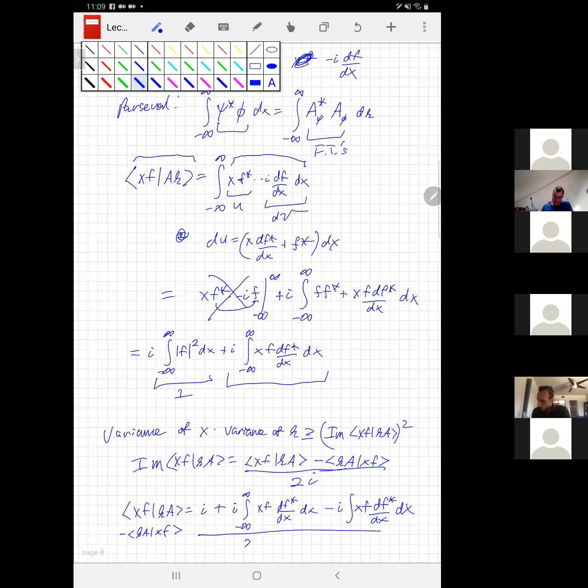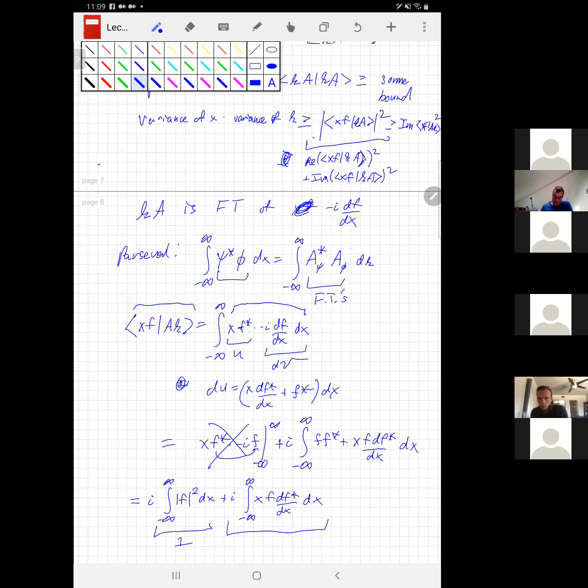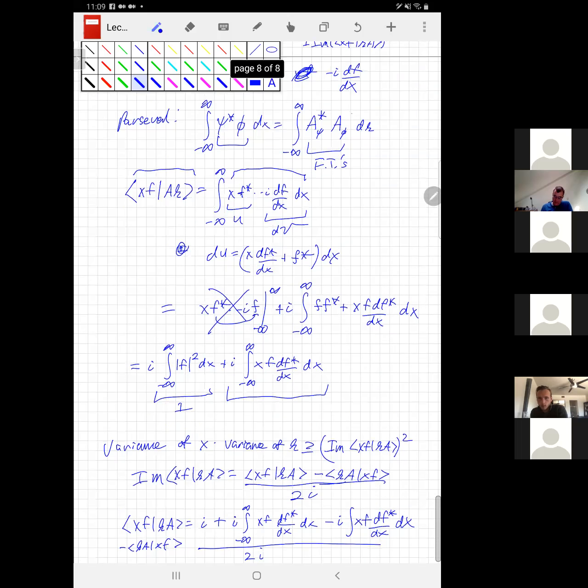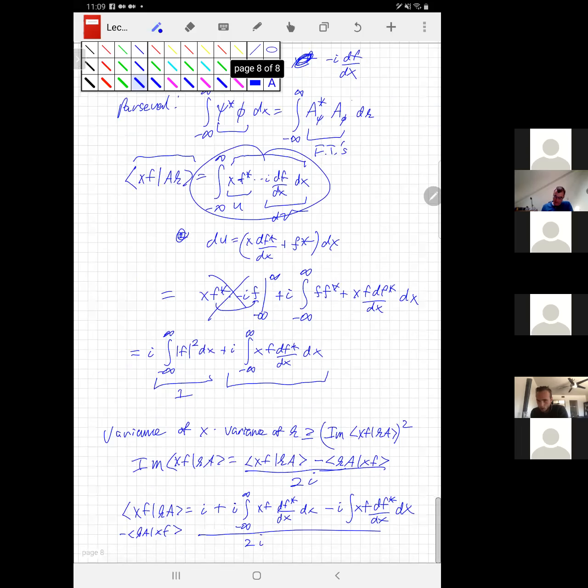And then we would be dividing by 2i because we'd be subtracting off the complex conjugate of this. And when we subtract off the complex conjugate of this, we're subtracting this term here, which lo and behold exactly cancels that integral. The integral tweeted something terrible and got canceled.